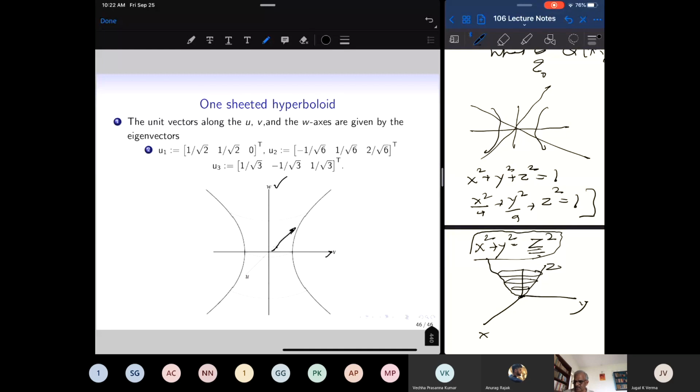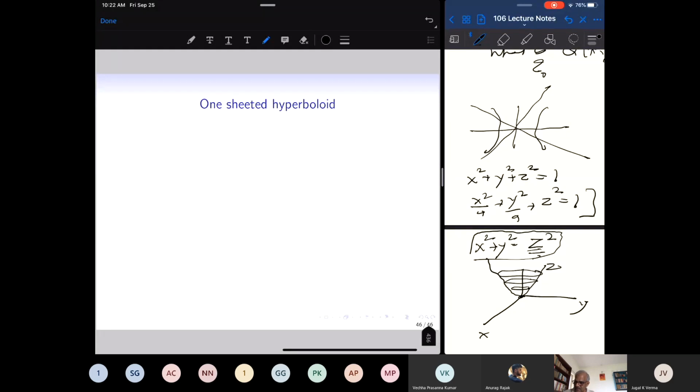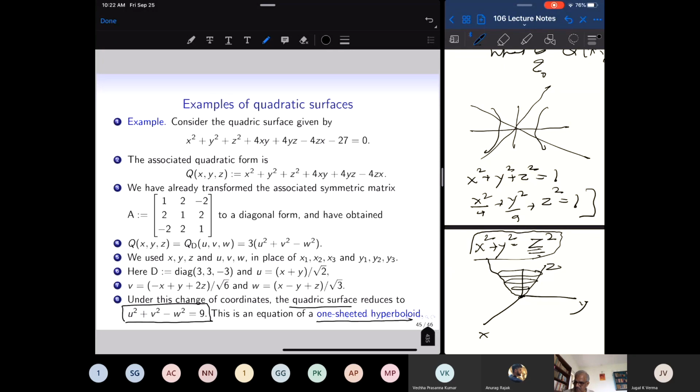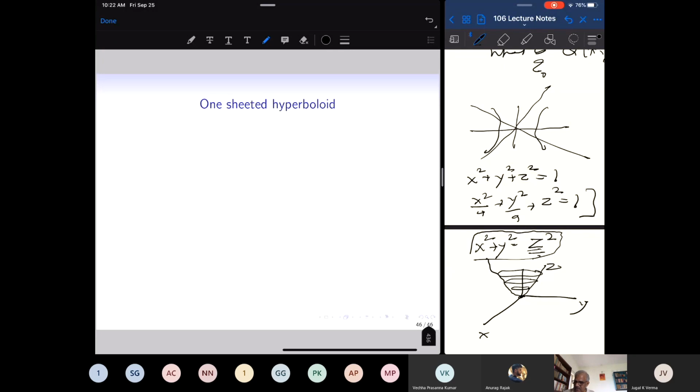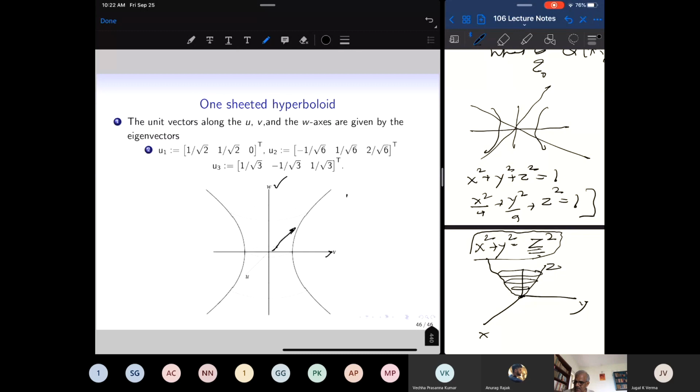If you draw these, the shape is, remember the equation: u square plus v square equal to 9 plus w square. If I put w equal to 0, then I get the equation of a circle of radius 3 in the uv plane, centered at the origin.